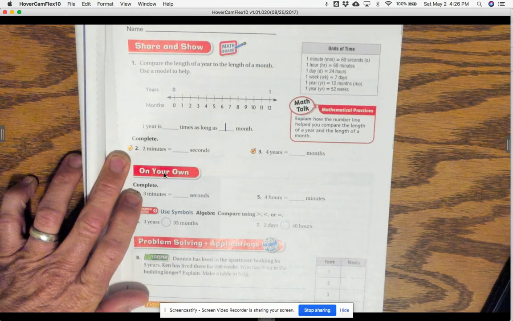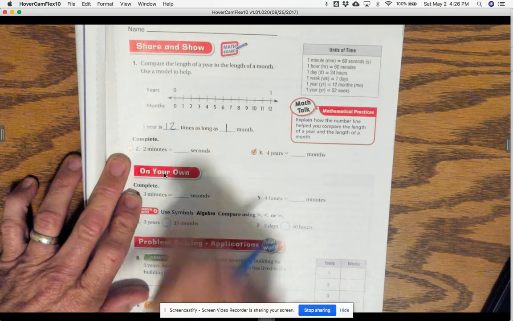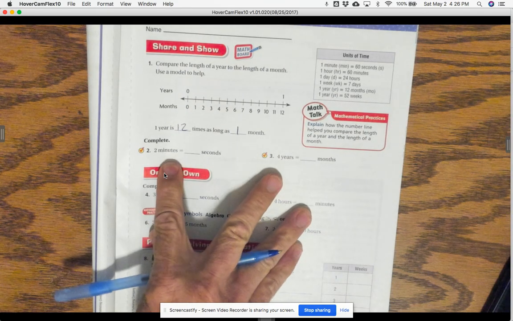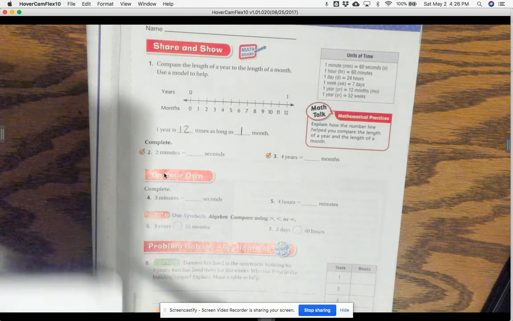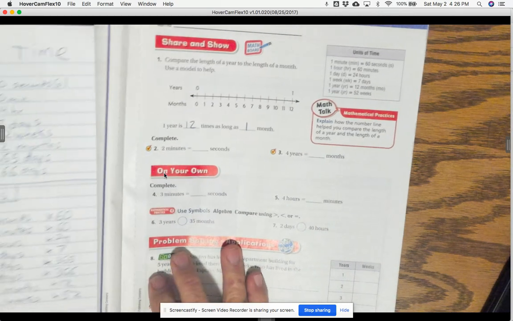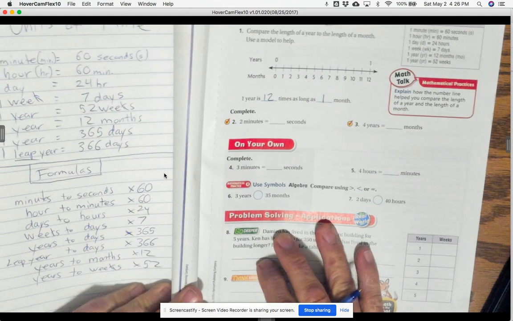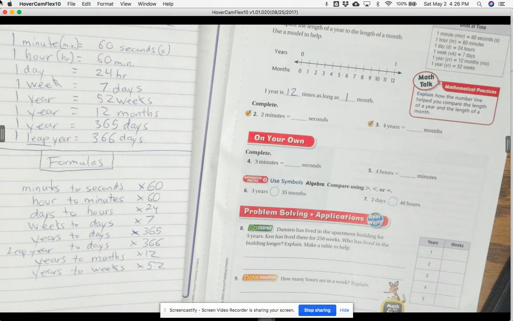Well, look at our formulas, and it says 12 times. All right, now we're going to have a lot of questions like this, just simple conversion. And we're definitely going to want to refer back to what we wrote down in our notes. That's going to definitely come in handy.